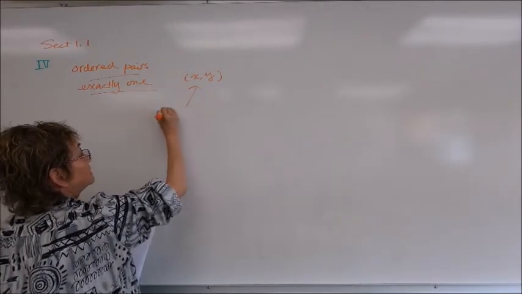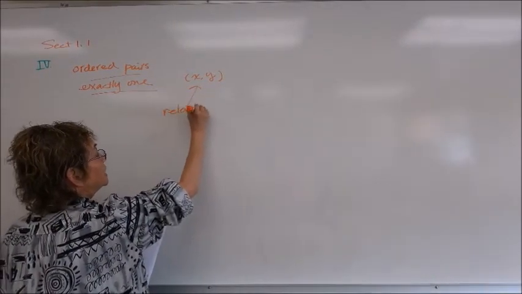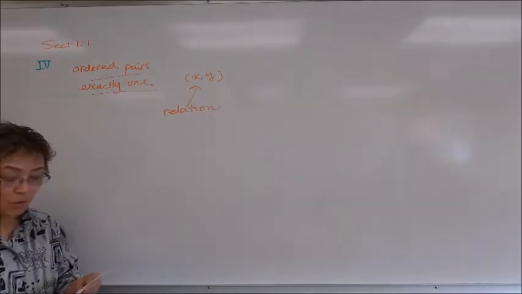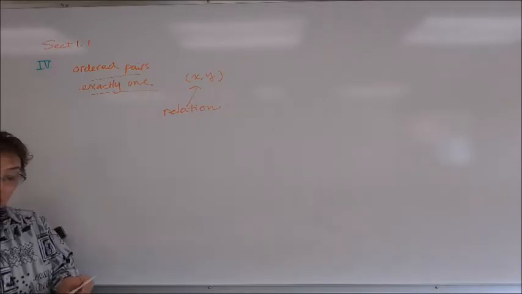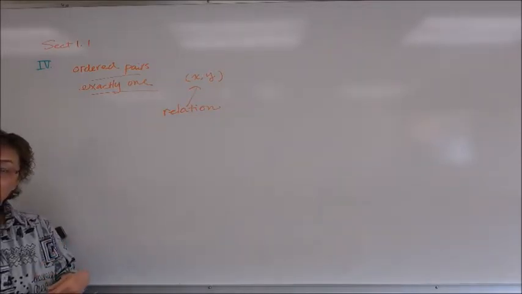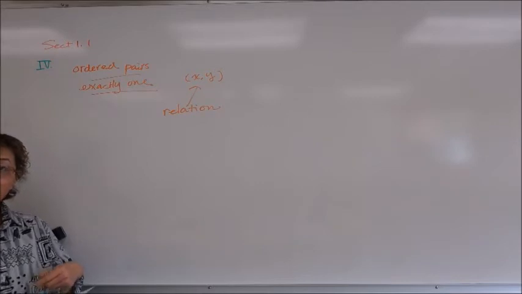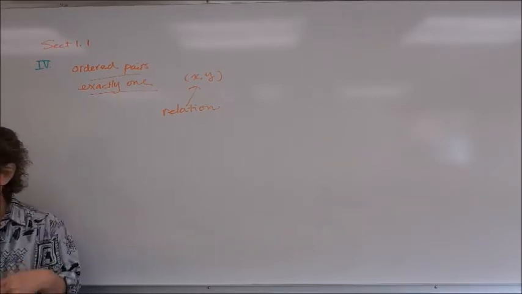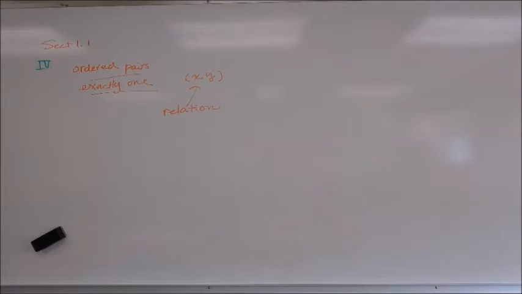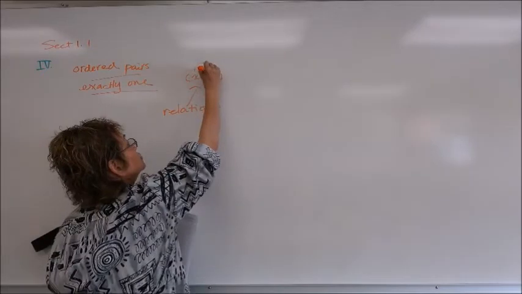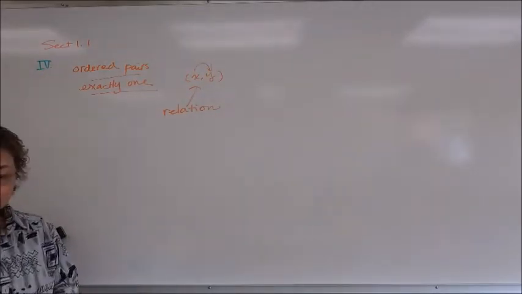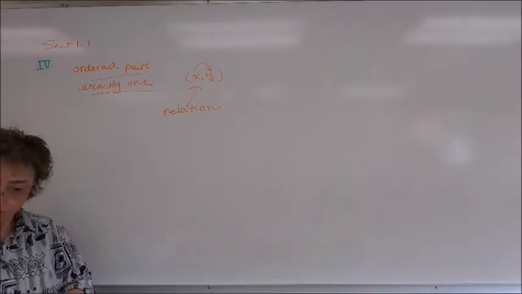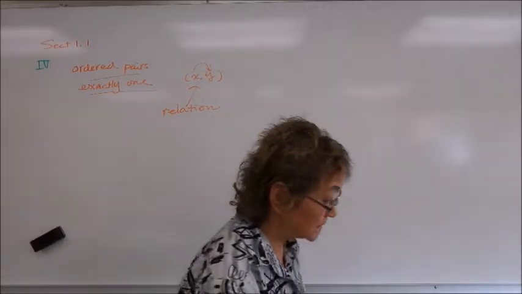Mathematically, we call this a relation. So what is a relation? Math is to learn the relation. How do we get from point A to point B? That means how can we get from x to y? That's all the algebra talks about.